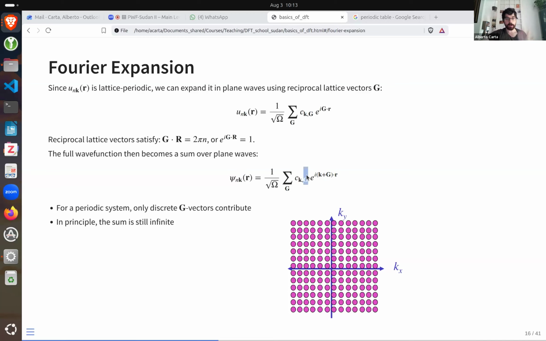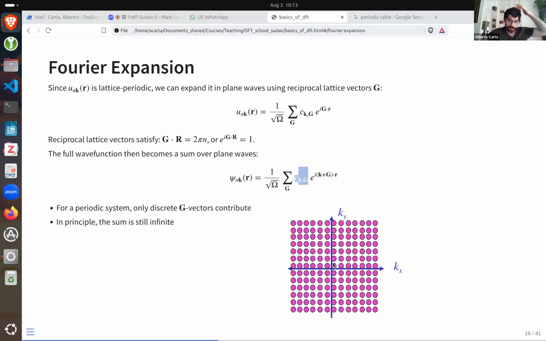So the Bloch theorem basically allows you to say that if we want to describe any crystalline system, we can expand it in terms of plane waves, and the coefficients tell us how much of that plane wave we can mix into the system.